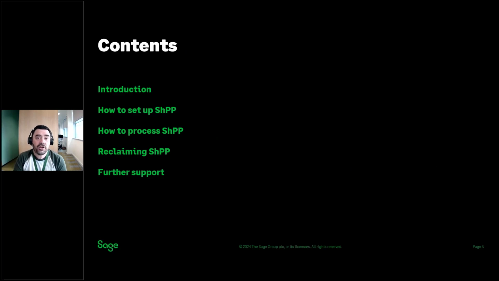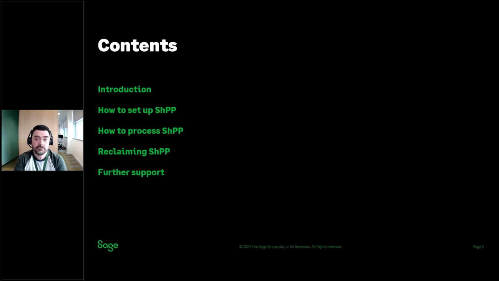Let's now take a look at what we're going to cover in the webinar. We'll begin with an introduction to shared parental pay and shared parental leave, a little bit of background on the legislation and the qualifying conditions and how an employee would need to give you notice of their intention to take shared parental leave. We're then going to look at the process in Sage 50 Payroll.